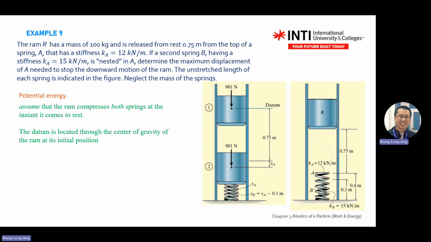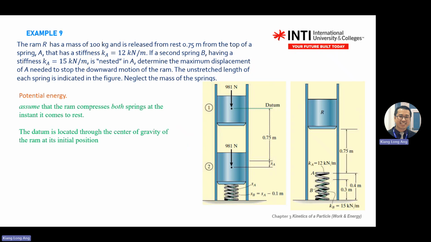so the distance between the ram and the object A is 7.5. This is the initial distance. When this one comes down to here, this is the initial position.